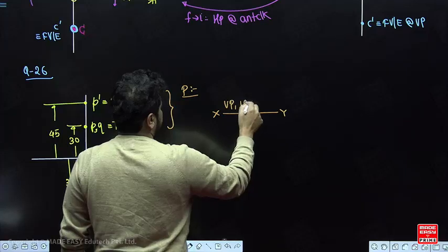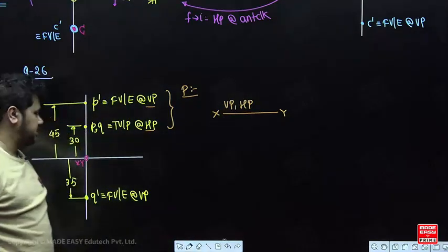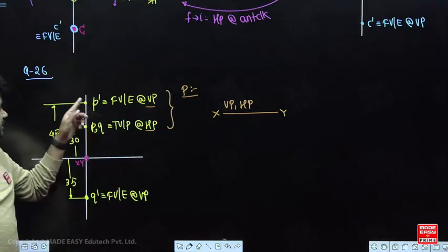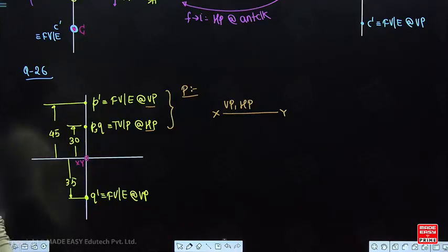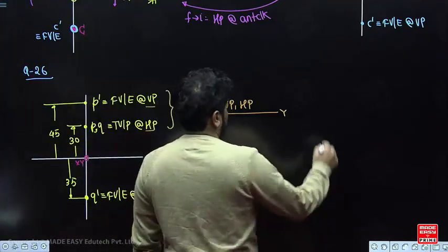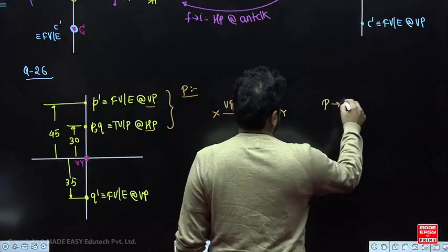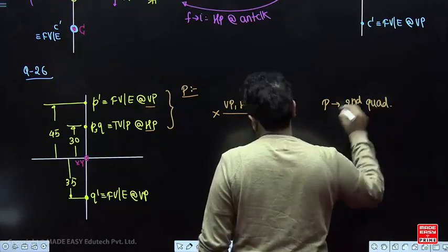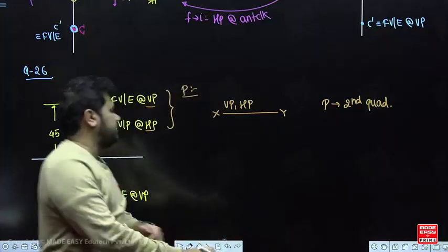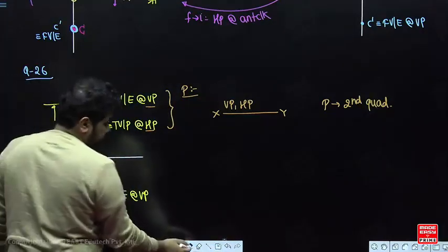VP and HP both are above xy line, isn't it? For P point, you can see that the elevation as well as this point are both above xy line. So which quadrant is this one? Obviously P is in second quadrant, isn't it? Because for second quadrant VP and HP are lying above xy line.